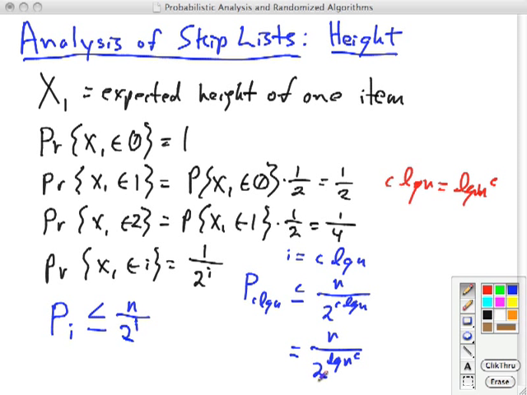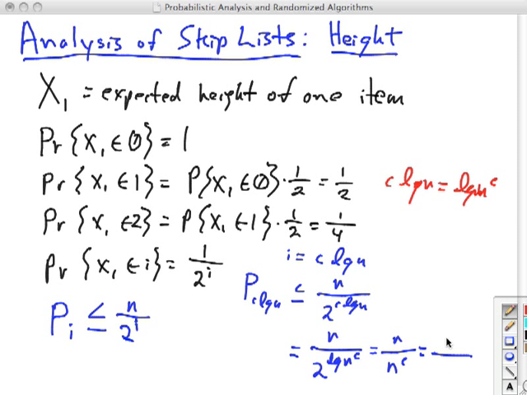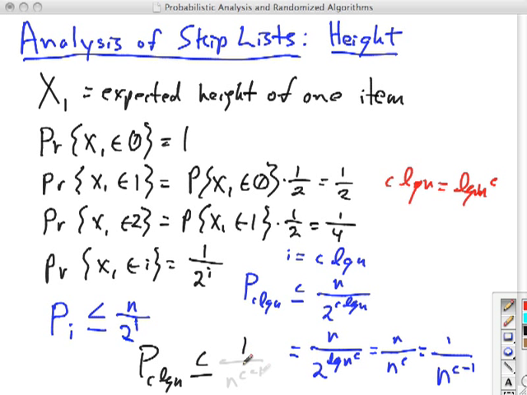But 2 to the log of something, base 2, is simply, this is the number that if you raise 2 to the power, you get that number. So it's simply equal to n over n to the c, or in other words, 1 over n to the c minus 1. That is the probability that it's that high.